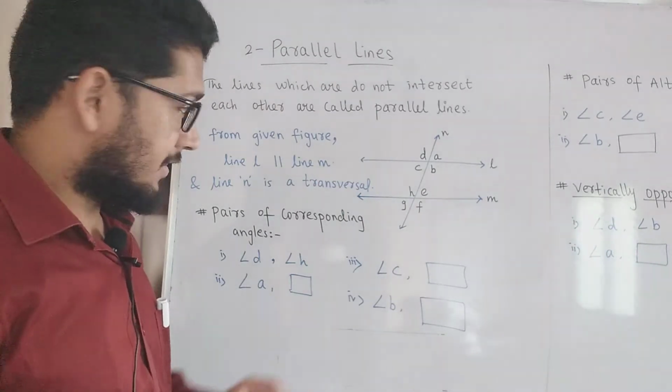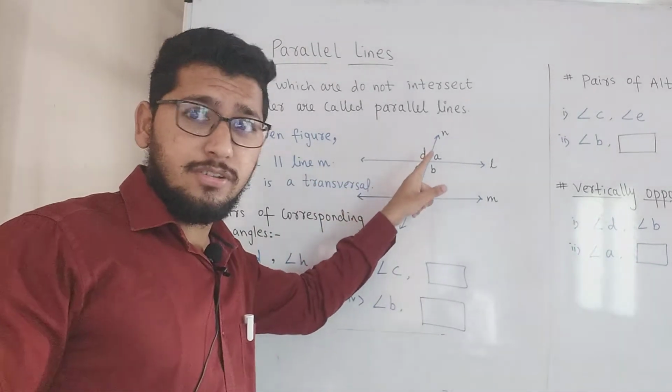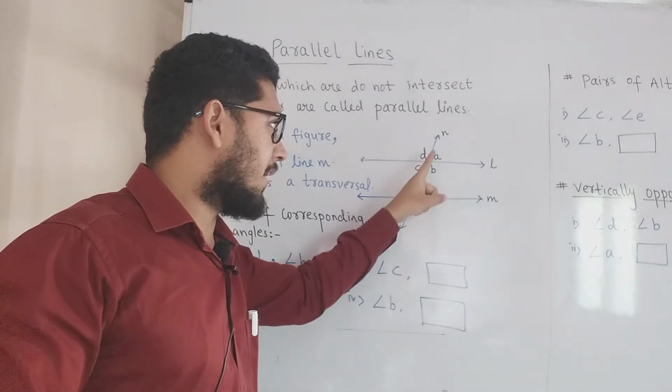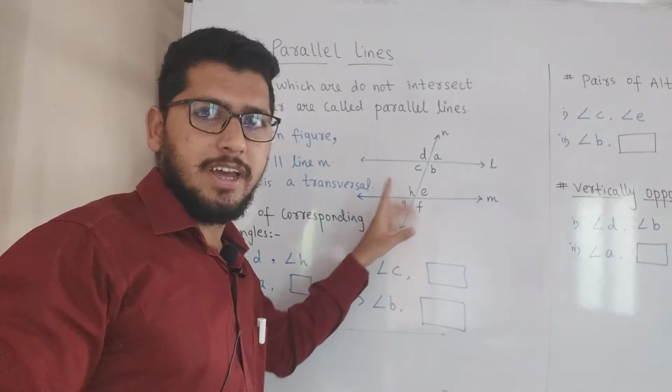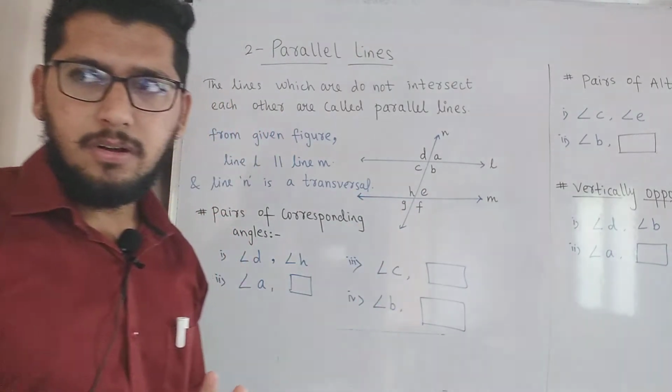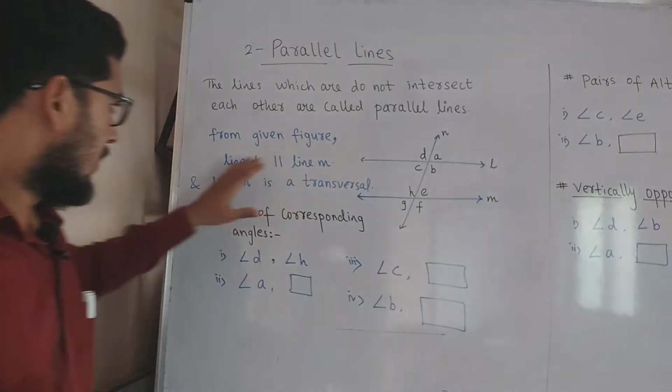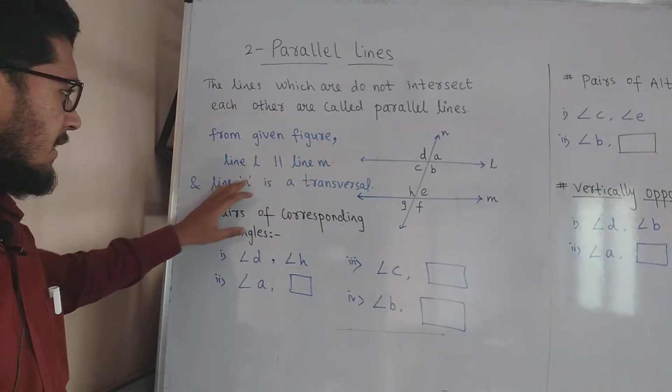Using the transversal, you can see angles are forming: angles A, B, C, D and angles E, F, G, H. Line L is parallel to line M, and line N is a transversal.